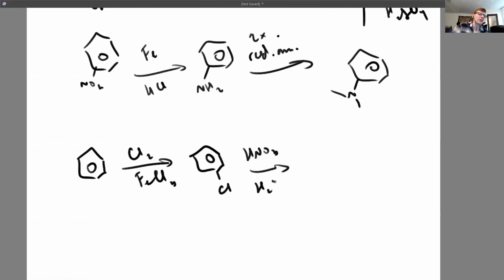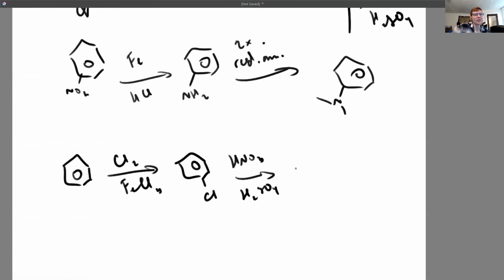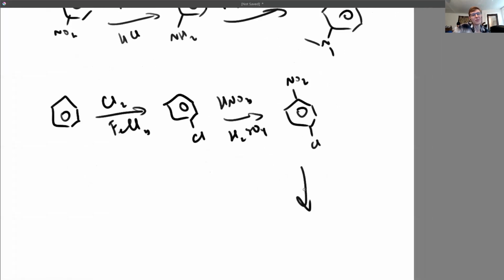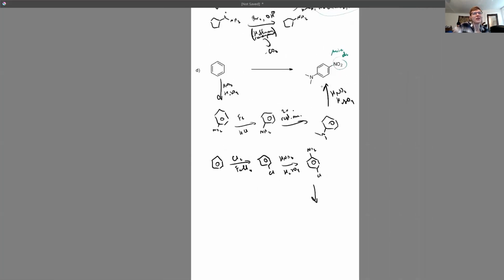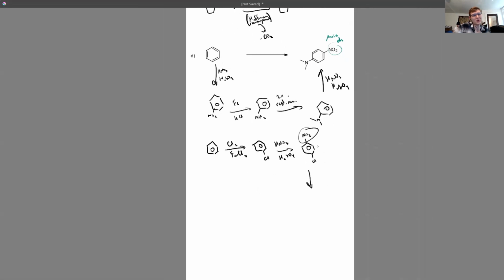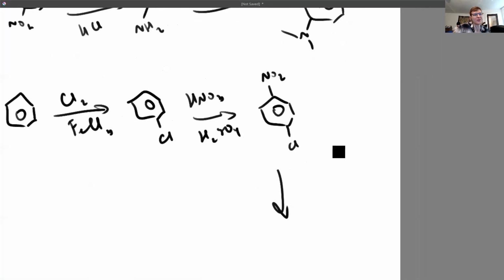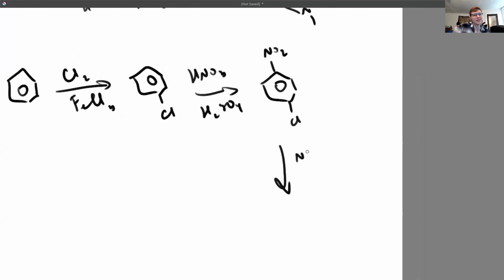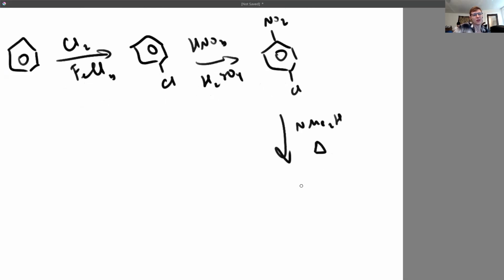So here we could add the NO2 because it's ortho-para directing, right? And then from there, we have the right positioning. We have a strongly withdrawing group. So, nucleophilic aromatic substitution, and this will go pretty easily.